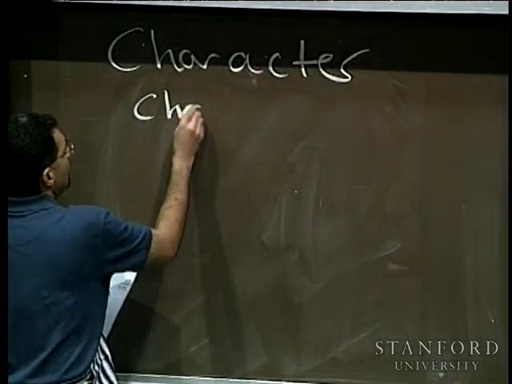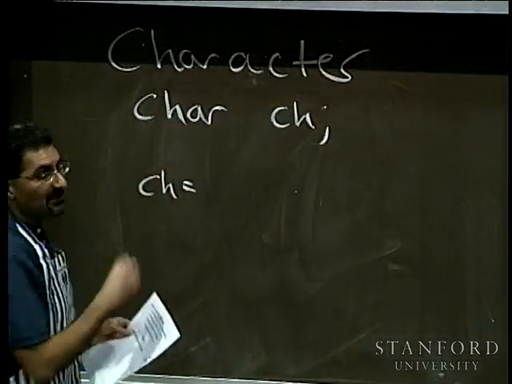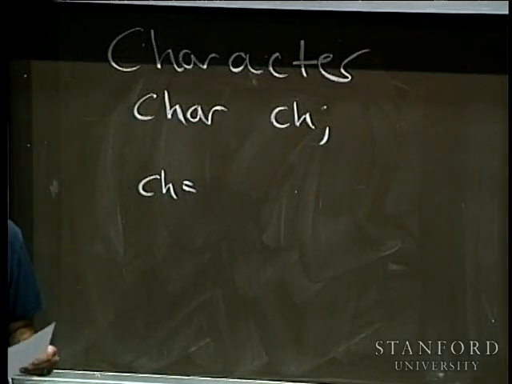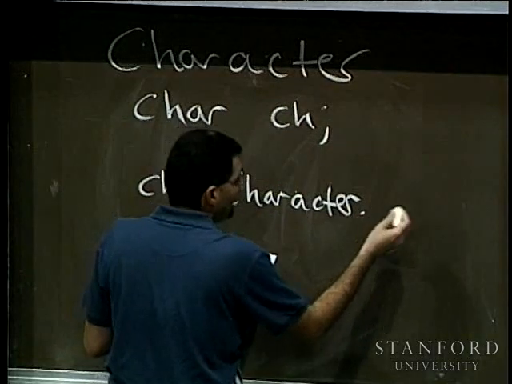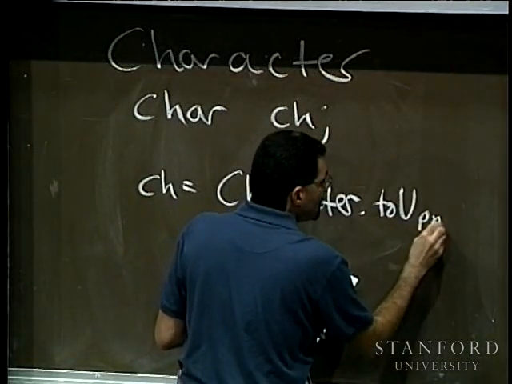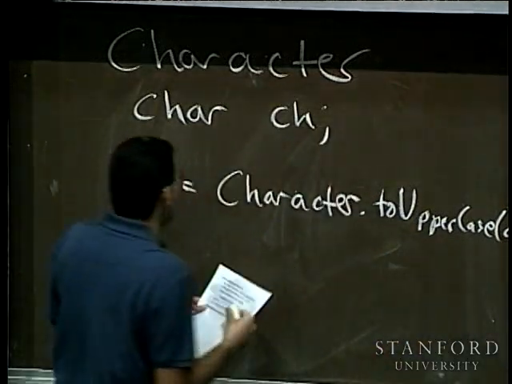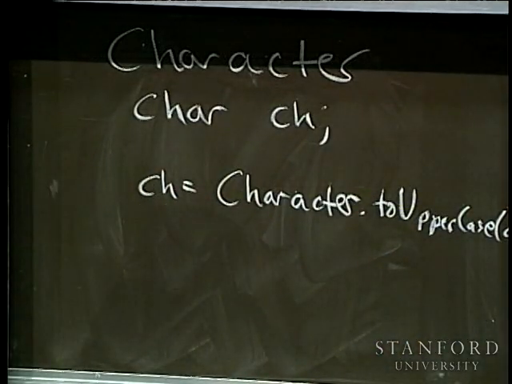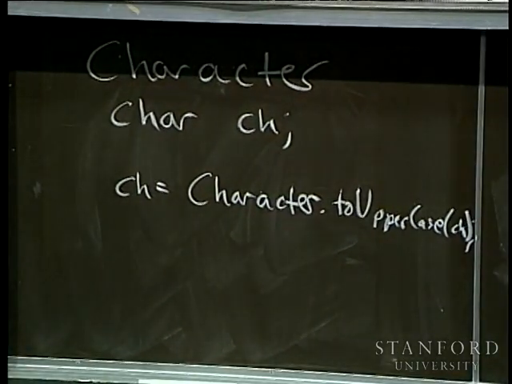If I have char ch, I can say ch equals, and I give it the name of the class instead of the name of an object. So I say Character dot, and there's, for example, something called toUpperCase that gets passed in some character and returns to you the uppercase version of that character. Just like we wrote toLower here, you can imagine you could do a very similar kind of thing with slightly different math to create an uppercase version.